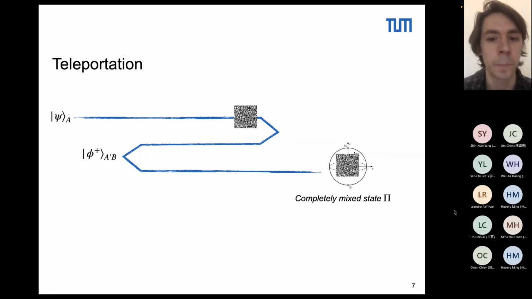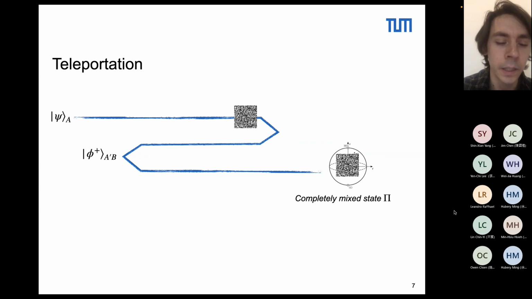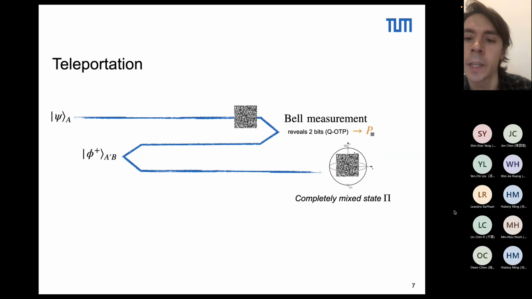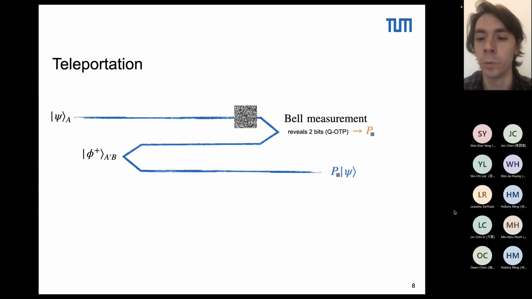which is some kind of quantum one-time pad. In the teleportation protocol, Alice, with her two qubits, makes a Bell measurement. It reveals the two bits of this quantum one-time pad, which is a Pauli matrix, and then she communicates it to Bob. So the state on Bob's side for now is this state.